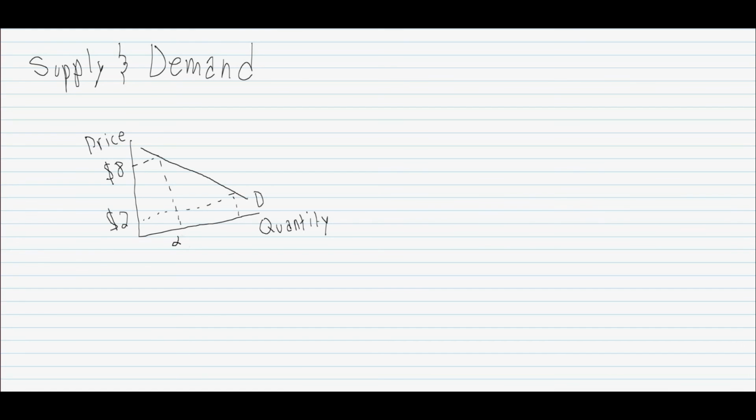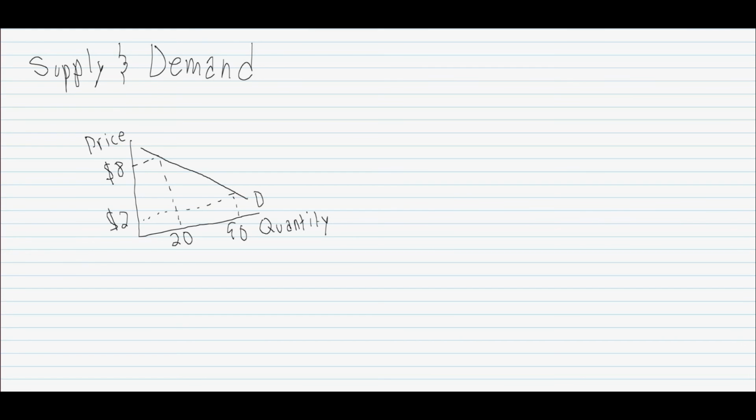Let's say it's going to be 20. But where it's $2, when it hits the demand curve and goes down to the quantity axis, it's a lot of quantity because it's far from the origin. So that indicates a lot of quantity. Let's make this 90.